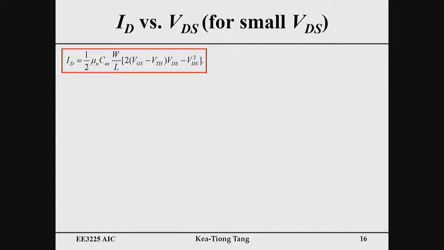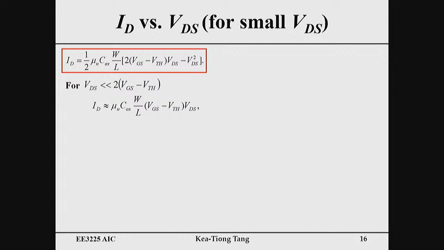Okay, so this is the governing equation. If VDS is really small, we can neglect this part because a very small quantity squared is even smaller. Then the drain current will be approximated to this.